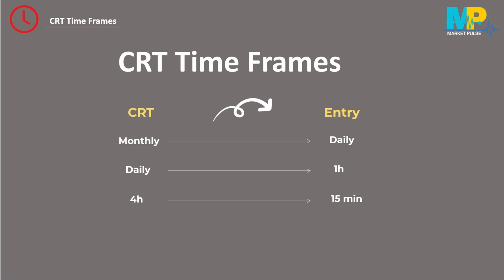If your CRT is on the 1-hour frame, then you can use a 5-minute or 1-minute time frame for your entry. If you use the 15-minute time frame to identify CRTs, then you should use 1 minute to place a sell or buy position. Now, let's see how we can use the CRT model to our advantage and explore how to execute trades in the market based on it.